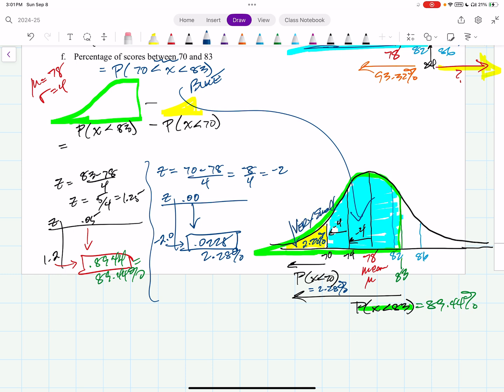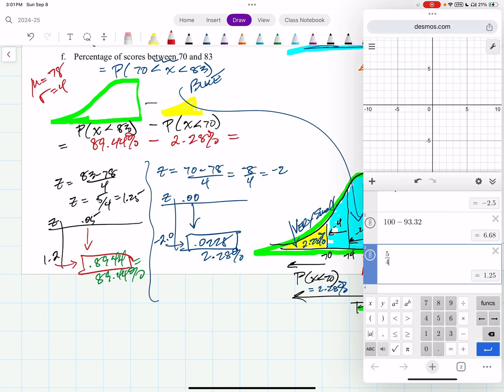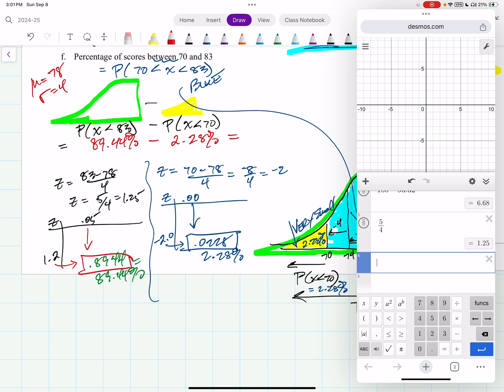Now all we do is subtract them. Big minus small. So in red, here's our answer. We're going to take our 89.44% and subtract our smaller percentage, 2.28%. Let's bring in the little Desmos action here. 89.44 minus 2.28, you get 87.16%.